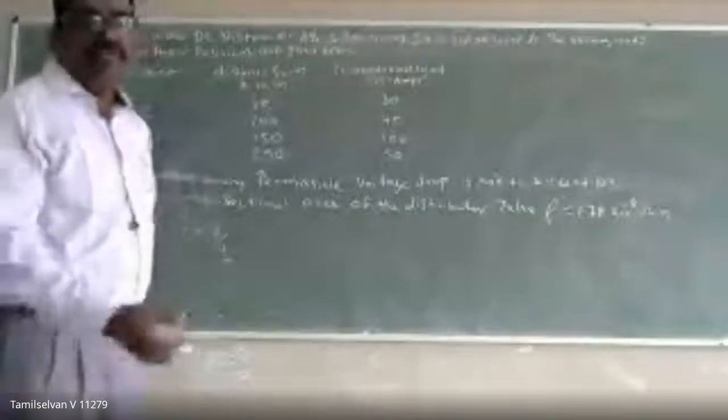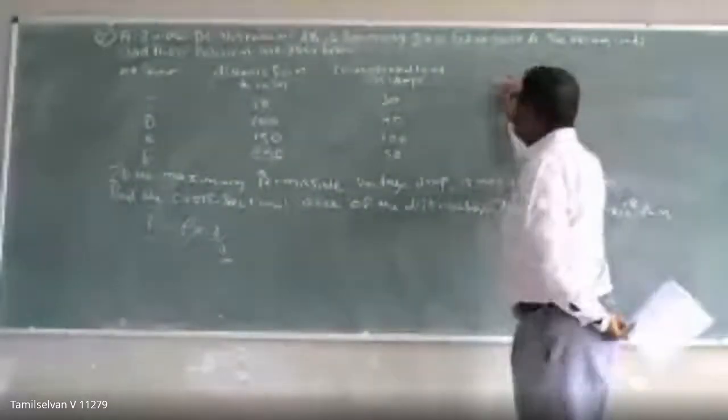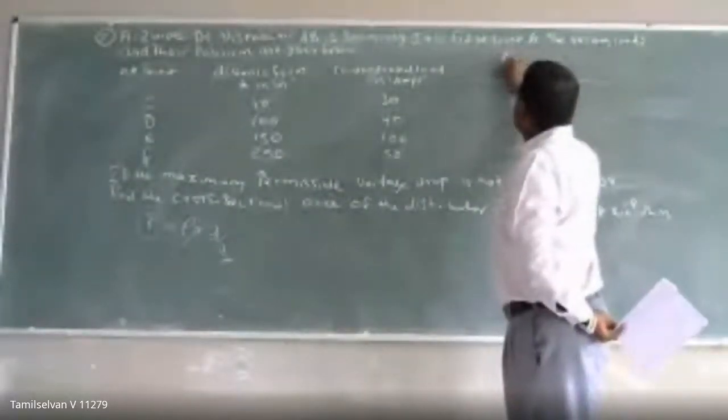For finding this, we will draw the distributor fed at one end diagram. The distributor has a total length of 300 meters.